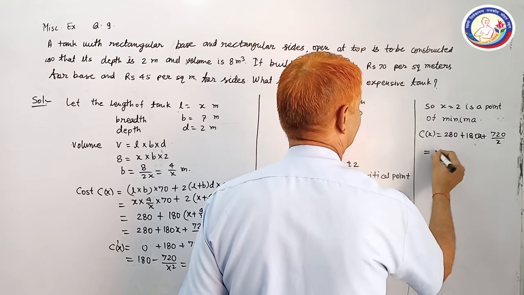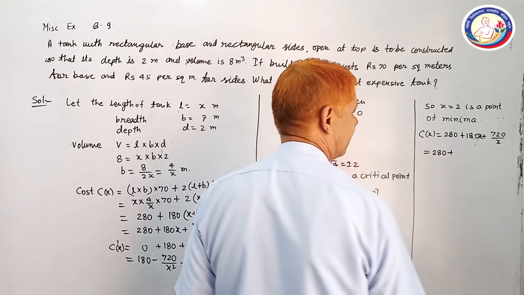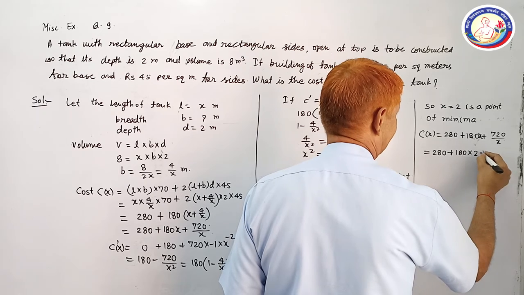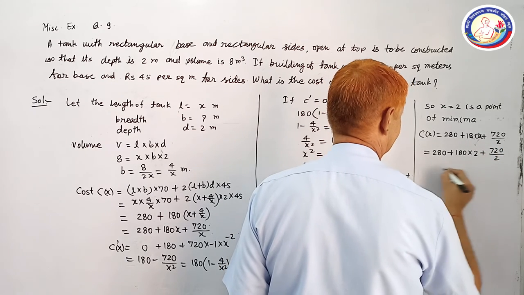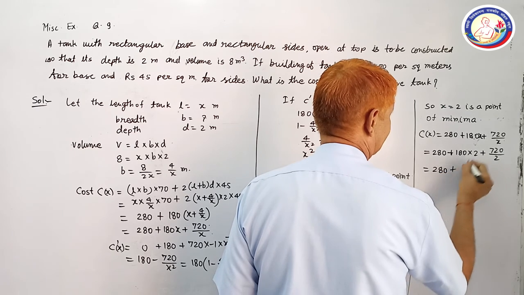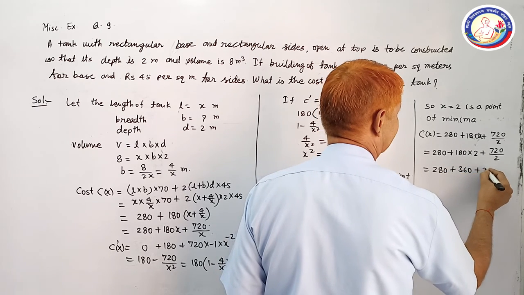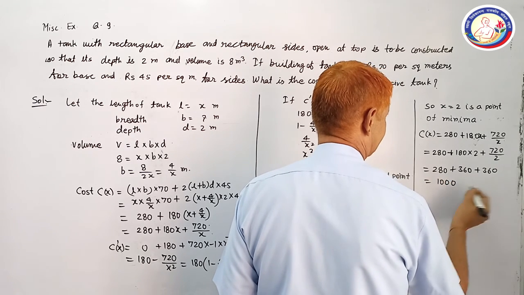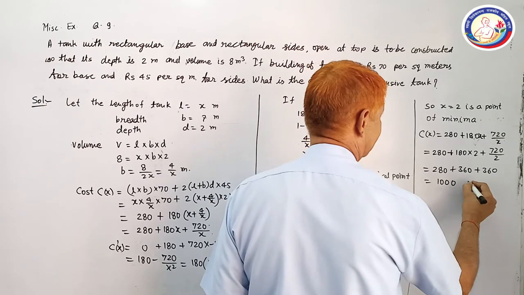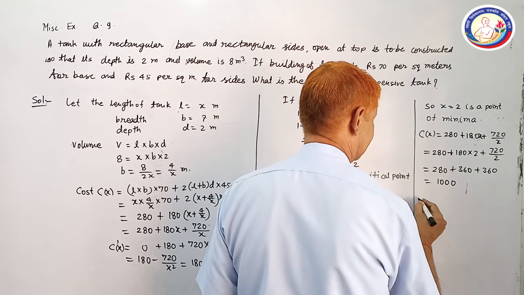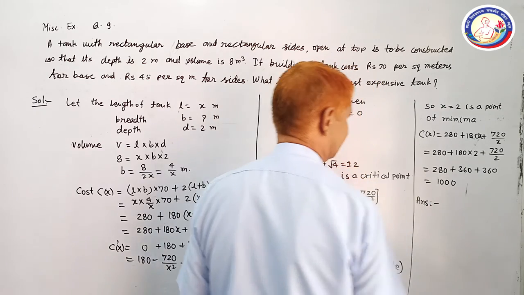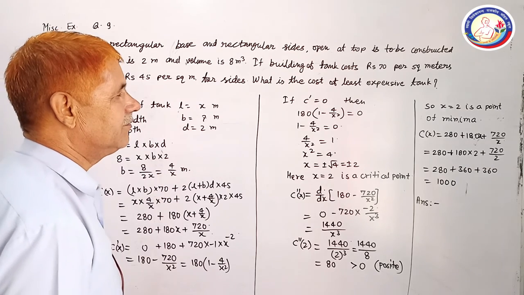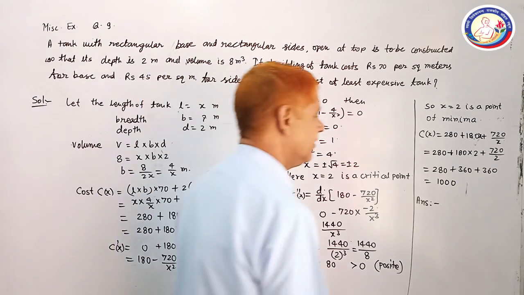Now put 280 as it is because it does not contain x. 180 into 2 plus 720 upon 2: 280 plus 360 plus 360, and on addition we will get 1000. The cost function is in rupees. So the answer is: the minimum cost, or the least expensive tank we can prepare, is 1000 rupees.